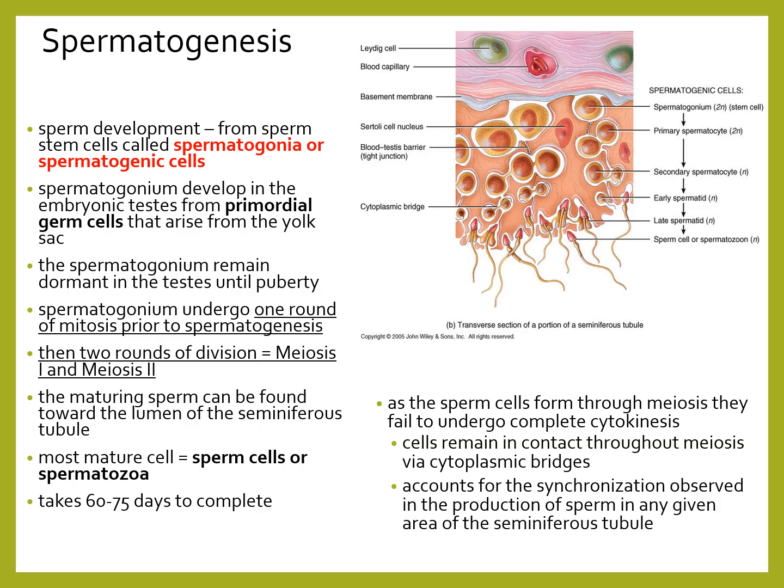And then every single day for the rest of that male's life, the spermatogonia will undergo spermatogenesis. Now, in order for the male to maintain enough spermatogonia so that it lasts the rest of his life, the first thing these spermatogonia have to do is they have to undergo a round of mitosis before they start meiosis.